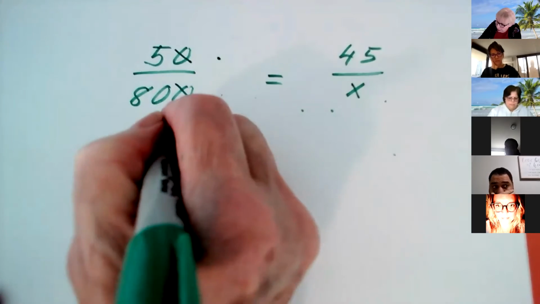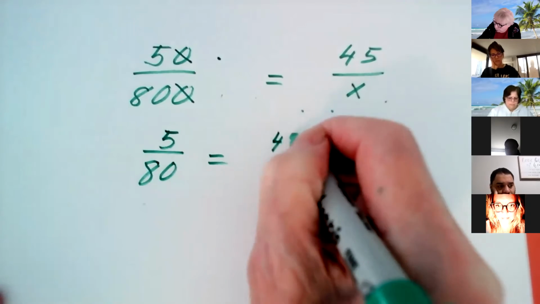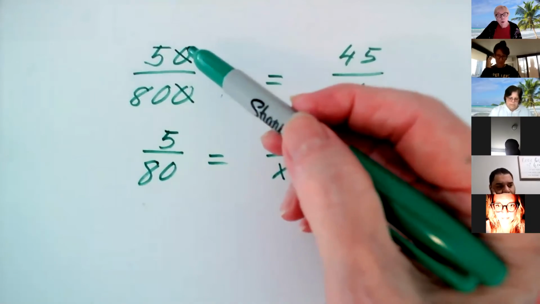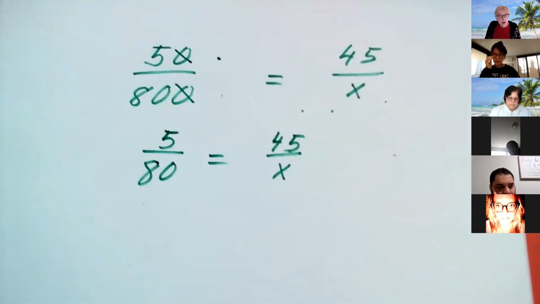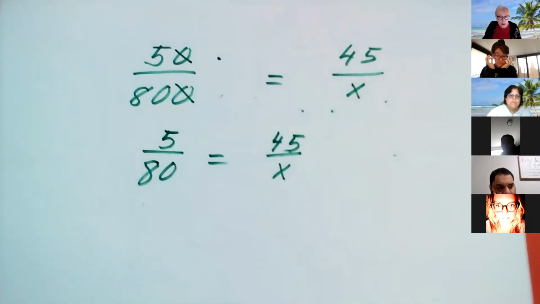And then I would have had a smaller problem. 50 over 80 is 45 over x, because this fraction with or without those zeros will result in the same answer. And so I might be tempted. The truth of the matter is 5 and 80 could also be reduced and still not ruin the problem.